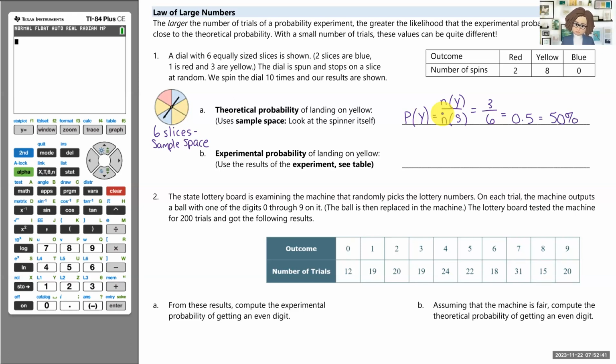Now for part B, it says, what is the experimental probability of landing on yellow? So when we actually conducted the experiment of spinning that dial, these were our results. So in this case, the number of spins, so these are the frequencies of what occurred. So when we did our spins, we landed on red twice, we landed on yellow 8 times, we landed on blue 0 times.